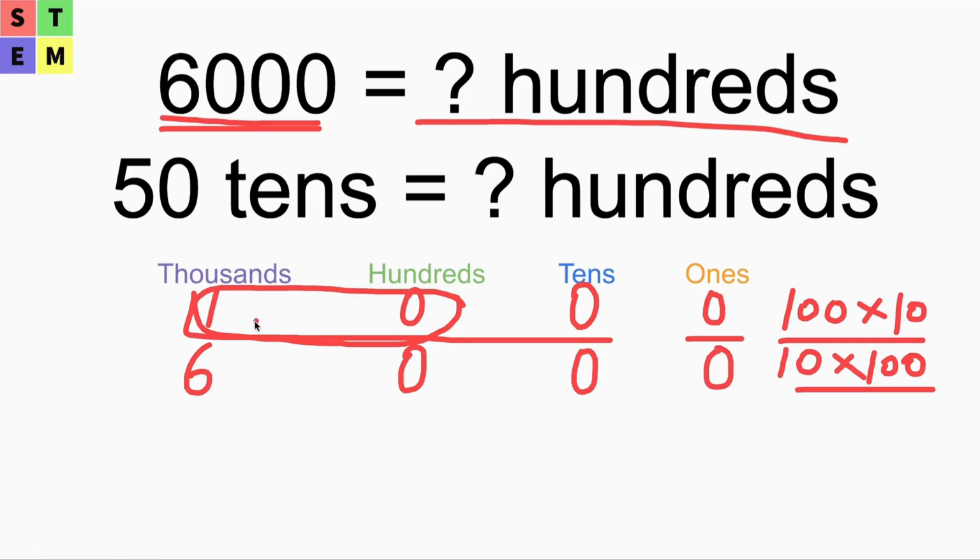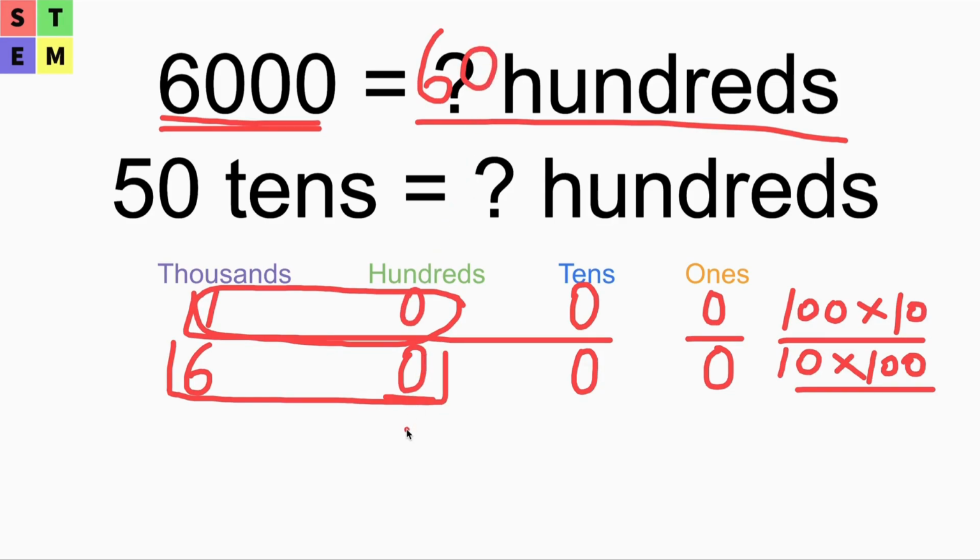According to our previous logic, there will be 60 hundreds, right? We got the hundreds place here, and we just included the number on the left. So we got 60 hundreds. All right, so that's how we can solve this question.